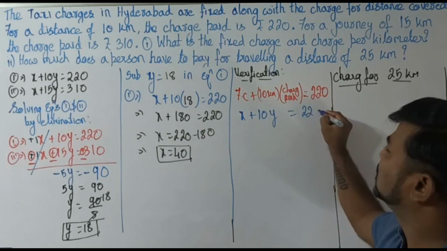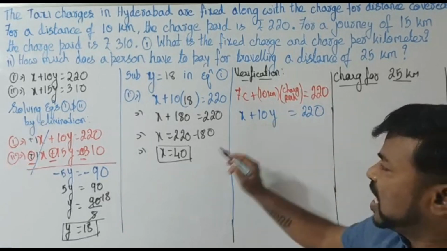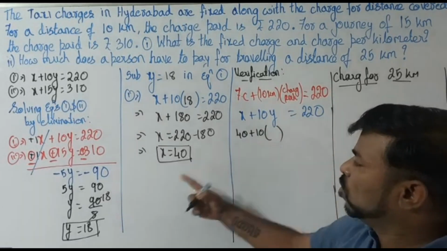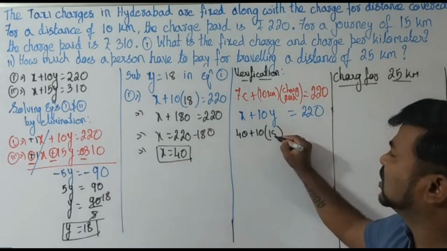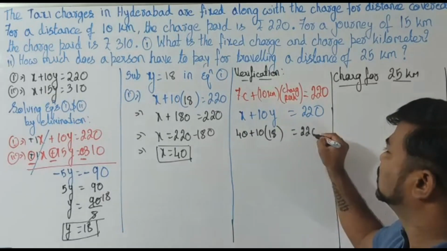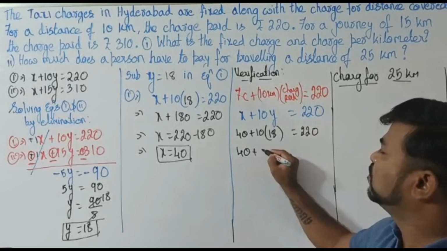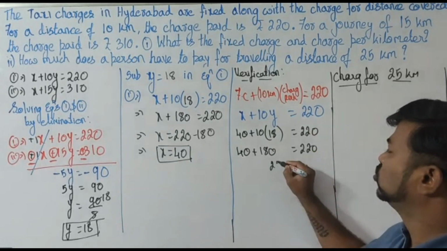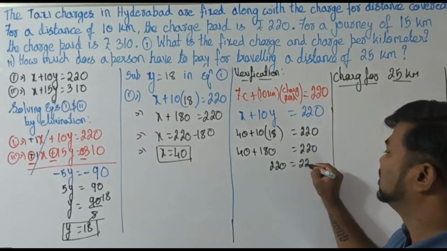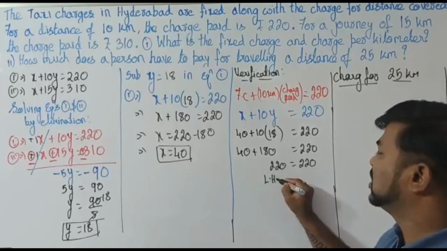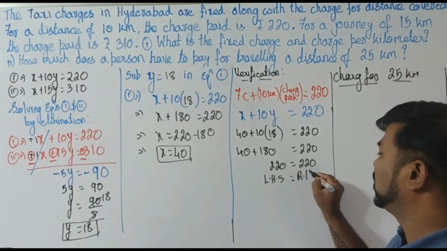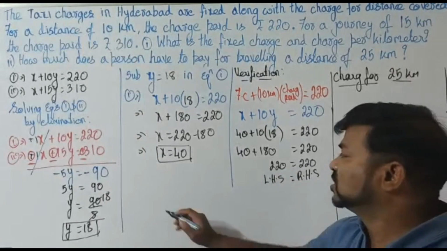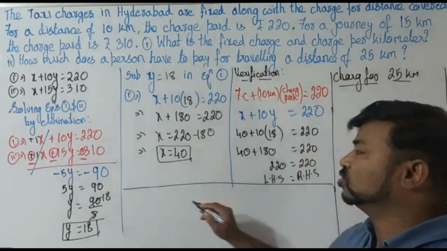Are we getting 220? We are supposed to check. The x value we substituted is 40 and the y value is 18, so it's 40 plus 180 equals 220. If you check it out, 220 equals 220 means LHS equals RHS, so we can say yes, it is verified. After verifying, straight away you can write the conclusion.